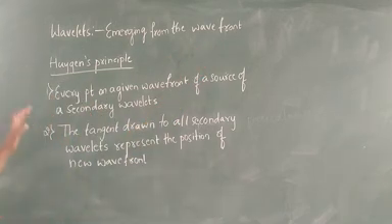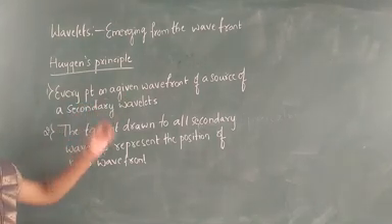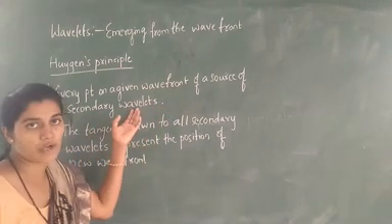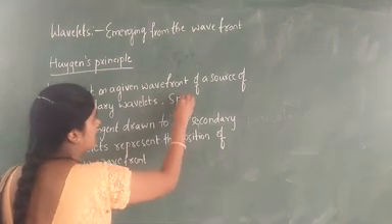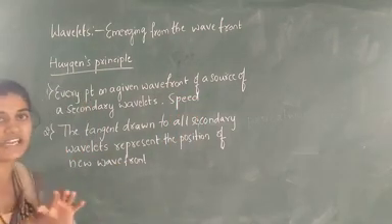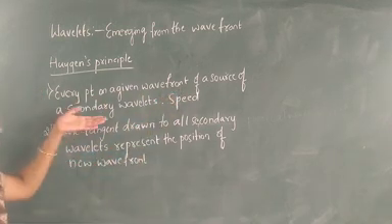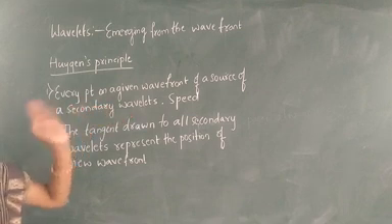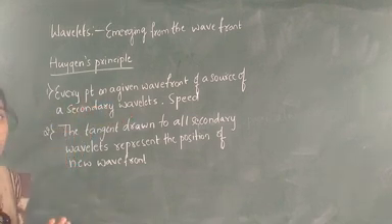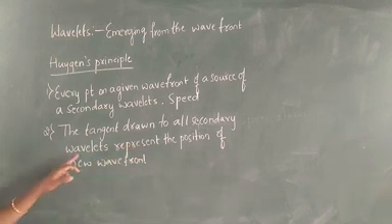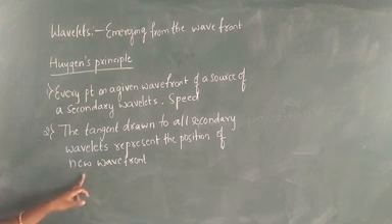In this we have to explain the Huygens principle. According to the Huygens principle, first, every point on a given wavefront acts as a source of secondary wavelets. These secondary wavelets depend upon the speed, and also upon the direction in which they are moving. Second, the tangent drawn to all the secondary wavelets represents the position of the new wavefront.